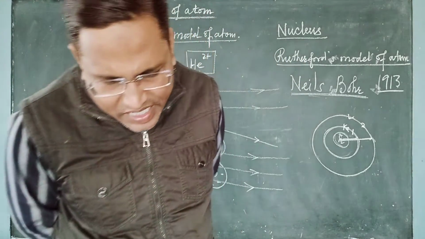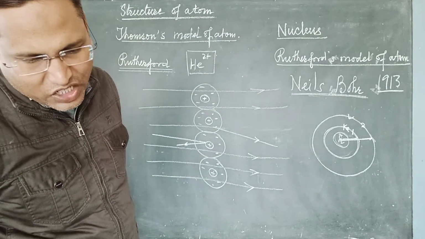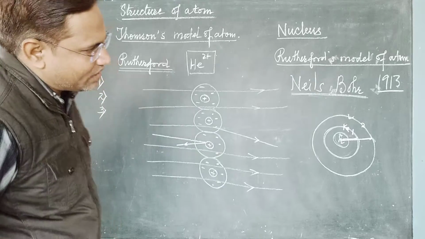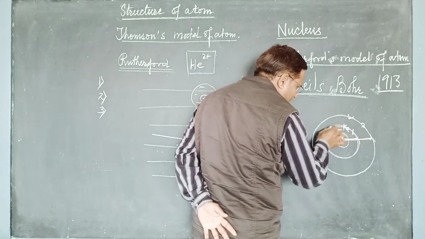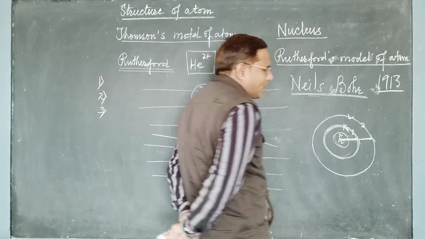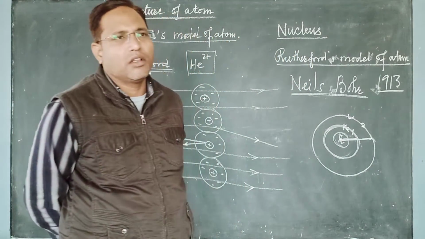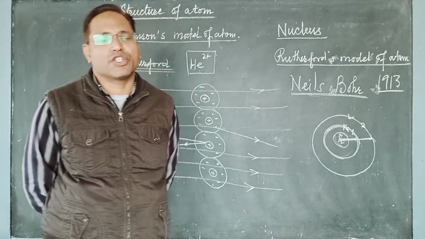Next he told that there is a limit to the number of electrons which each energy level can hold. That means in this shell, how many electrons can be accommodated varies from shell to shell.